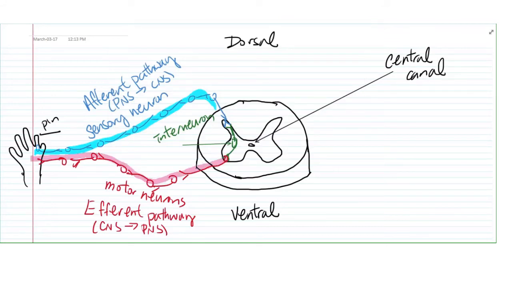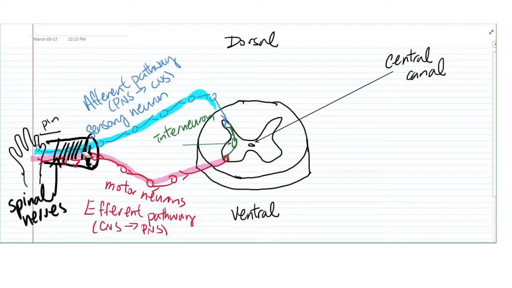And what's interesting is, even though they separate into two separate paths, with the afferent going in at the back and the efferent coming out at the front, once they leave the intervertebral foramen, they are actually going to form an entire bundle together. And that is what we call the spinal nerves.